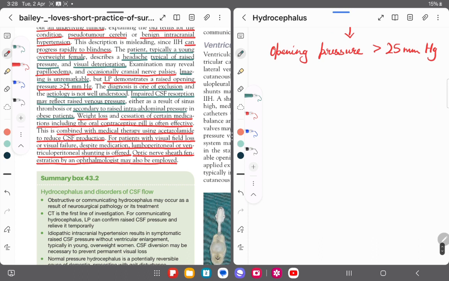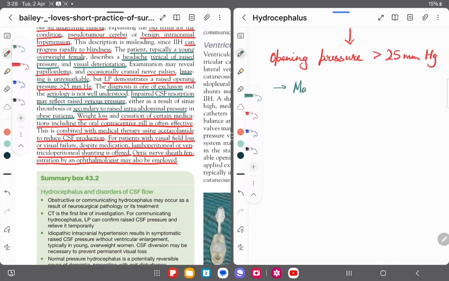So, idiopathic intracranial hypertension, how is it managed? We opt for weight loss, number 1.